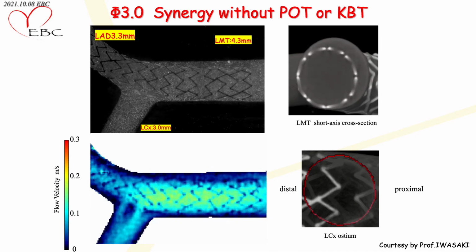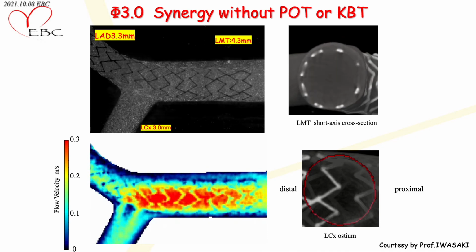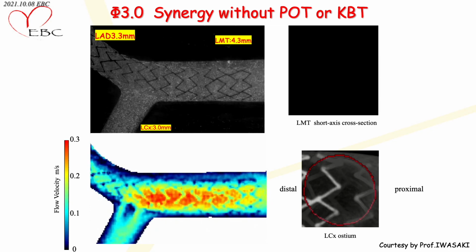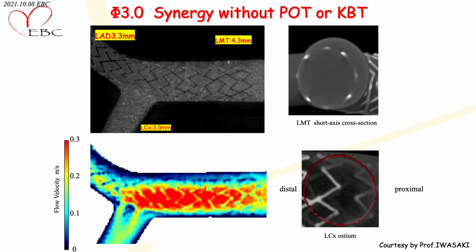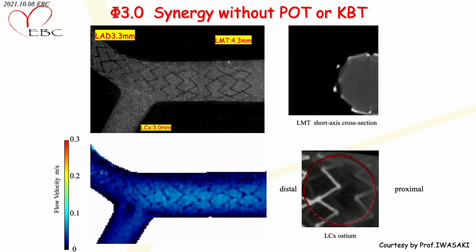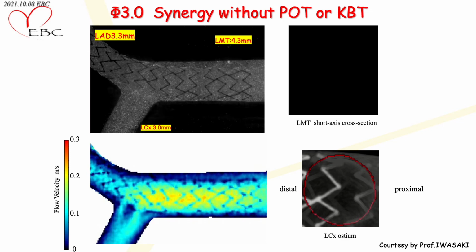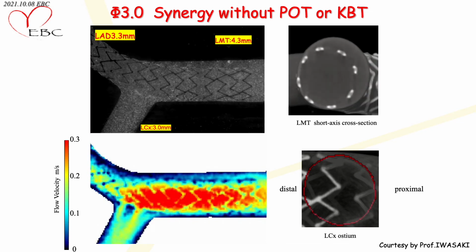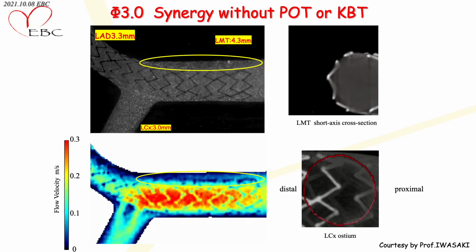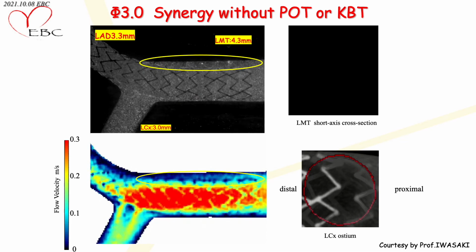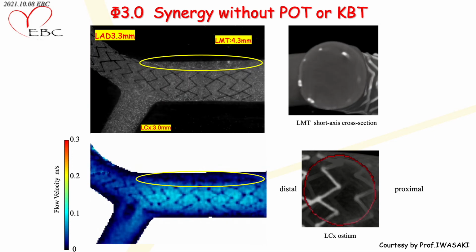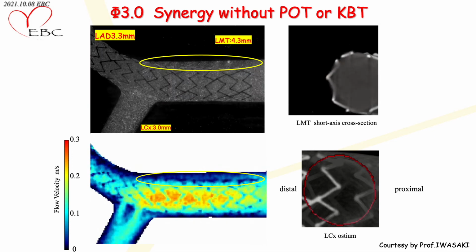This is a bench study in the left main bifurcation model. If we implant a 3.0 mm stent according to the distal diameter and do not perform POT or KBI, the outer region where the stent strut is surrounded by a yellow circle causes incomplete apposition, and it can be seen that the blood flow dropped extremely.